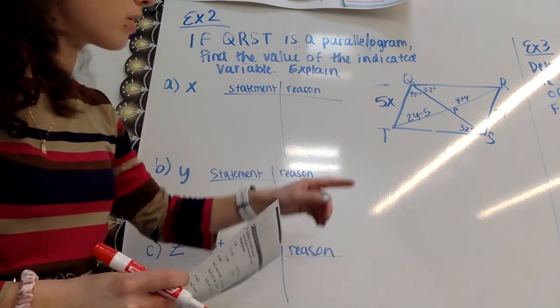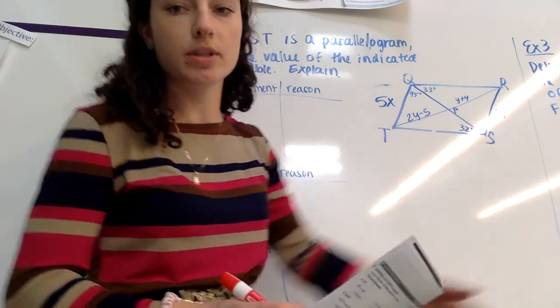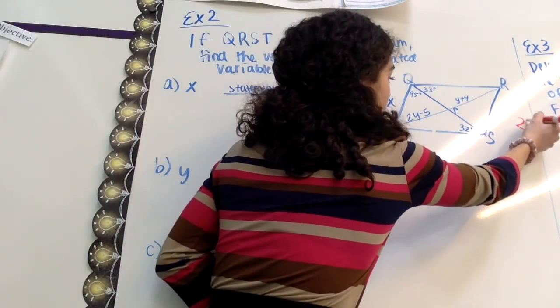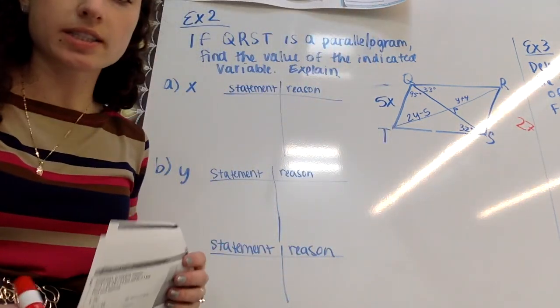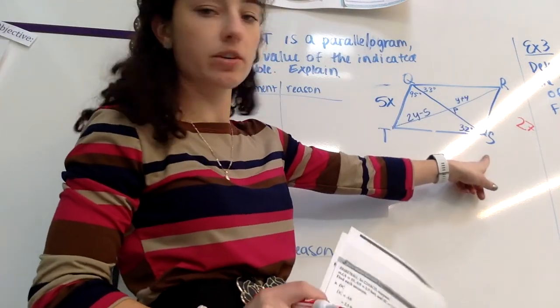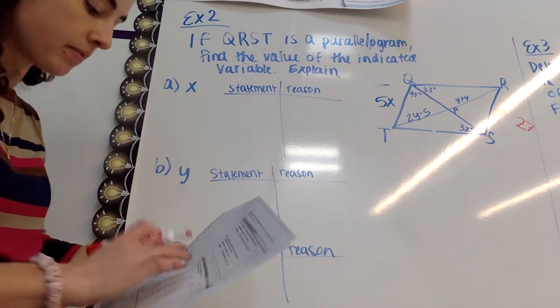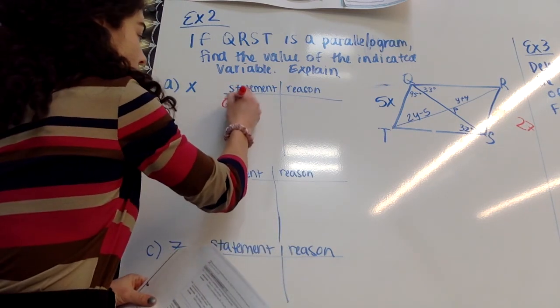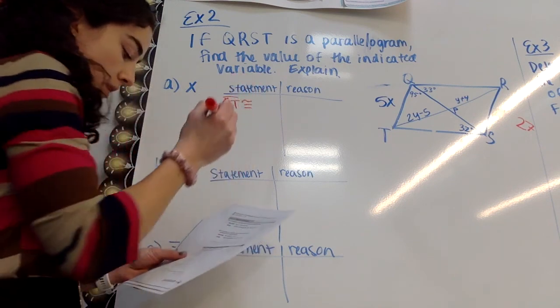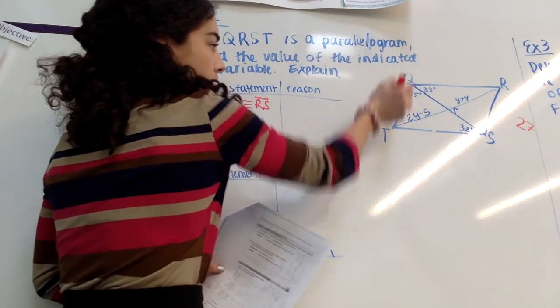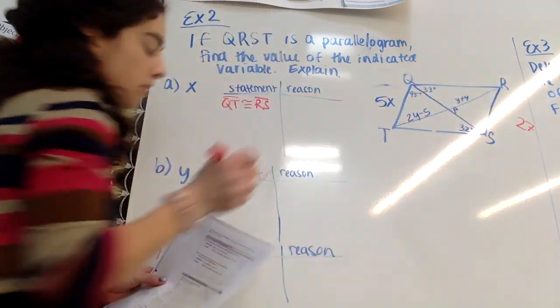And you can't see it because of the light, but the length of this side is 27 from R to S. Sorry about the lighting, okay? So for our reasoning, we're going to say QT is congruent to RS. That's this side, QT and RS over there, okay?